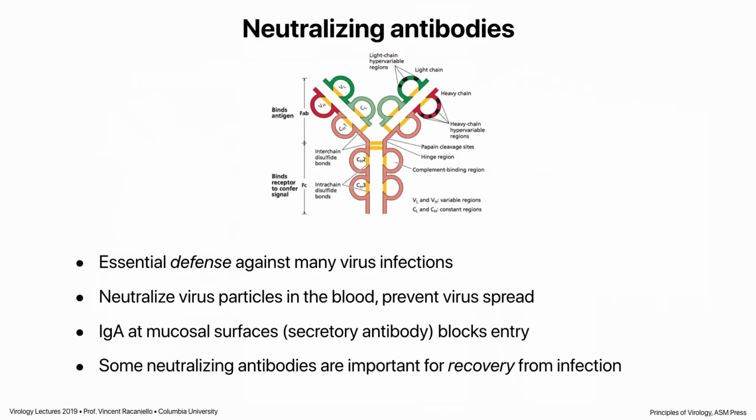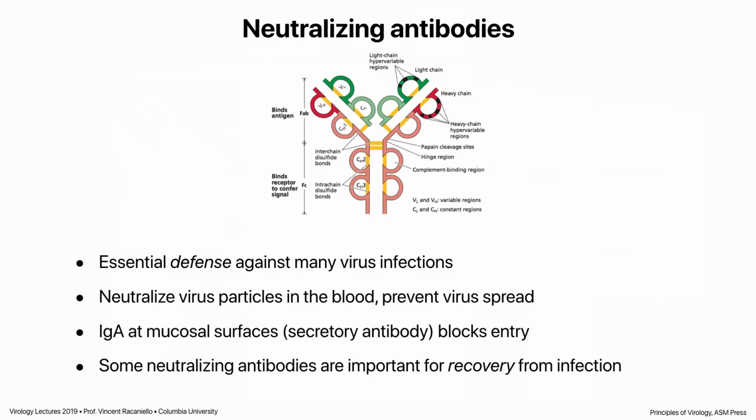That's why we vaccinate, to induce the production of not only neutralizing antibodies, but memory B cells of those antibodies that will become activated on a second infection. So they're essential defenses. They neutralize virus particles, and we'll look at neutralization in just a moment. They can neutralize virus in the blood, but not all viruses end up in the blood. They may remain on our mucosal surfaces, respiratory or gastrointestinal surfaces.